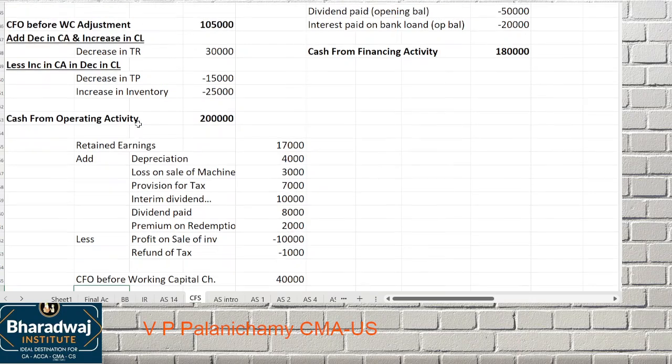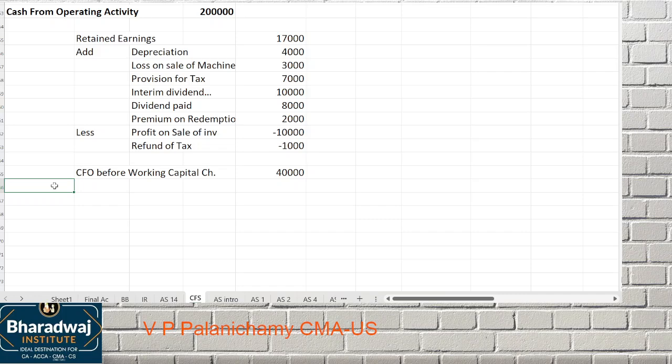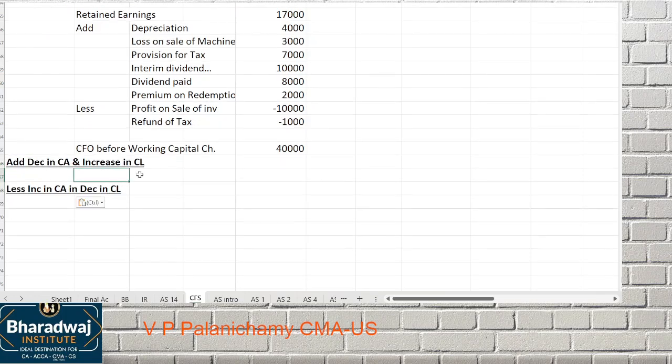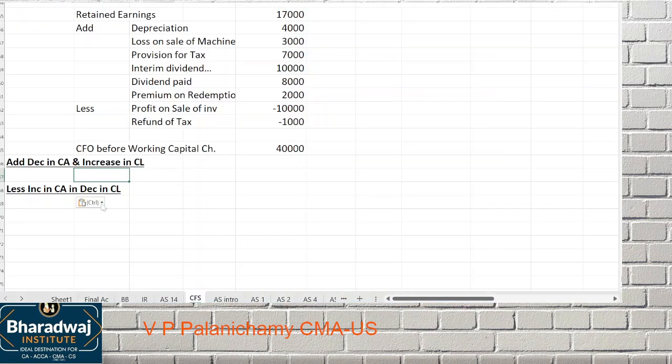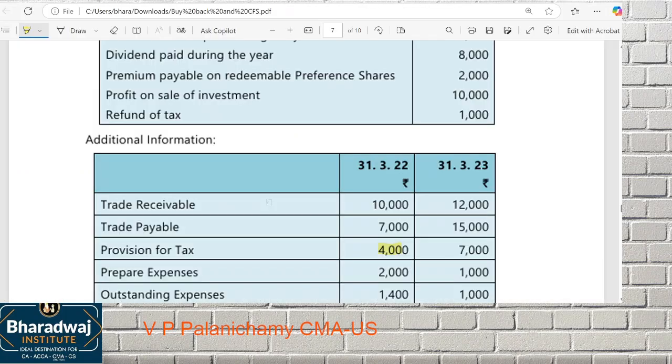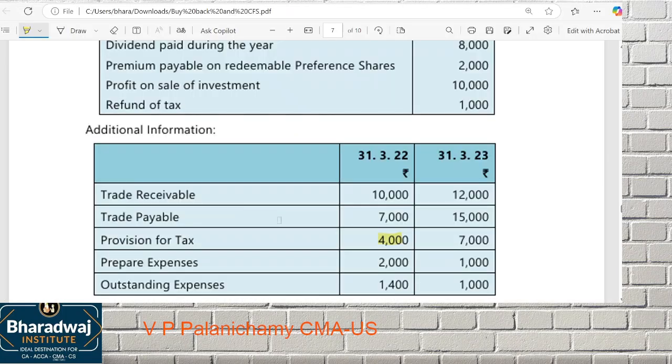Then do this. Trade receivables increased, so we reduce. Increase in trade receivables, how much would we reduce? 2,000. Then trade payable increase, you will add. How much? 8,000. Then prepaid expense.